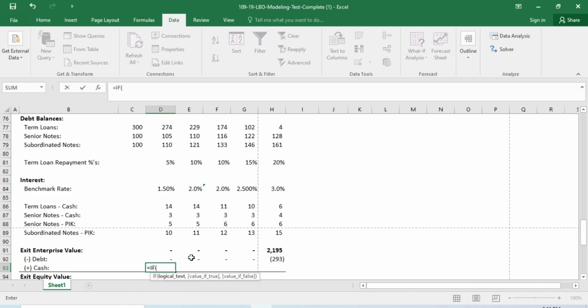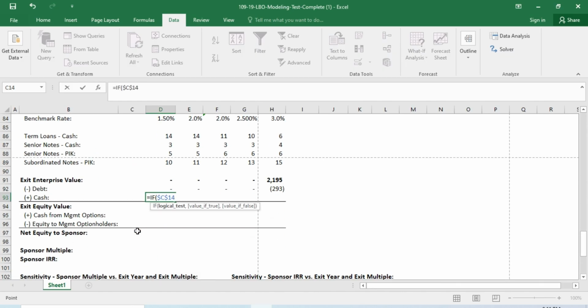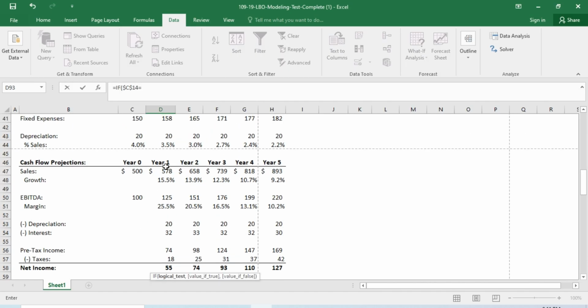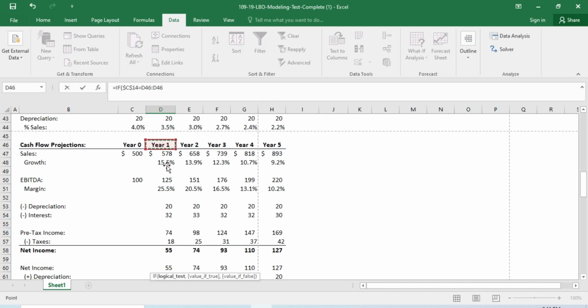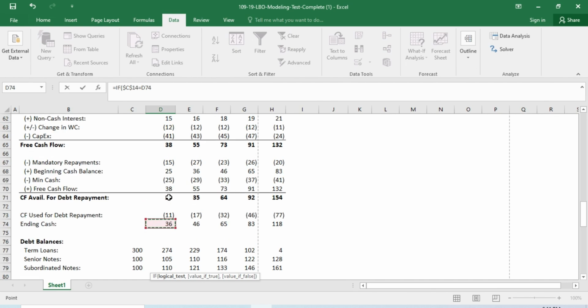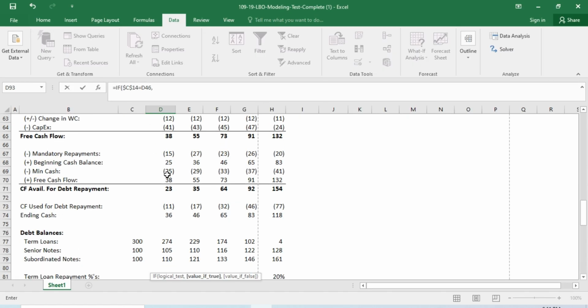And we'll copy this formula, fix C14, C14 and C13. C13.